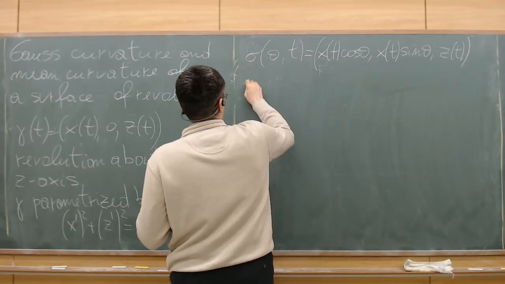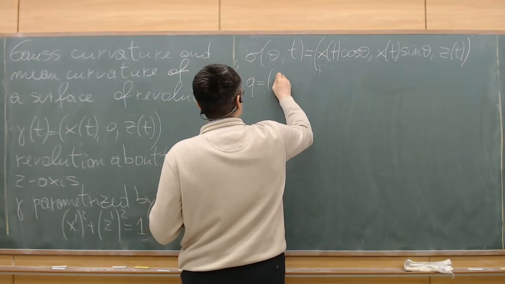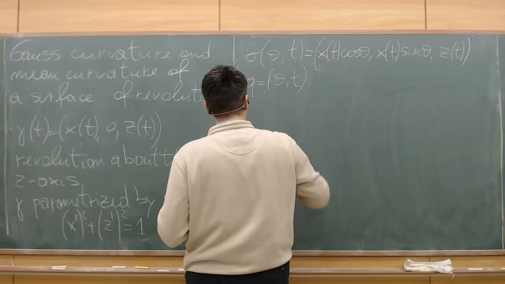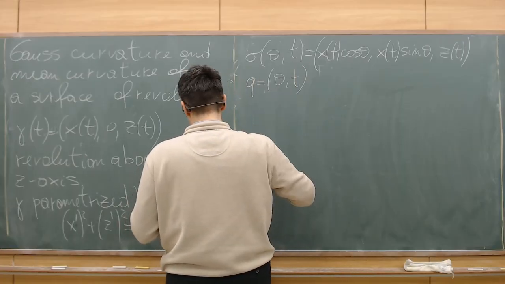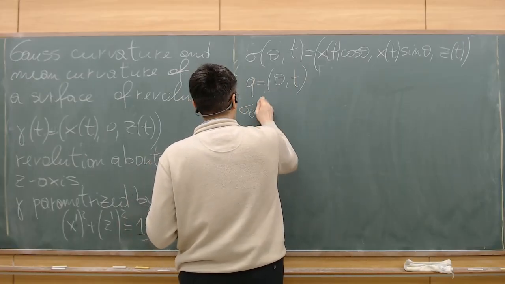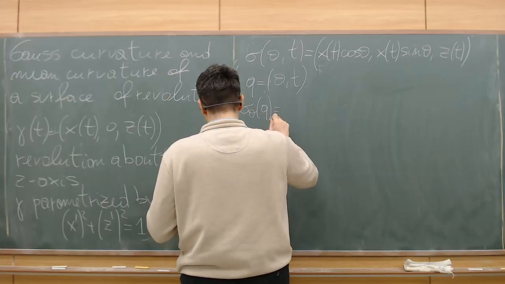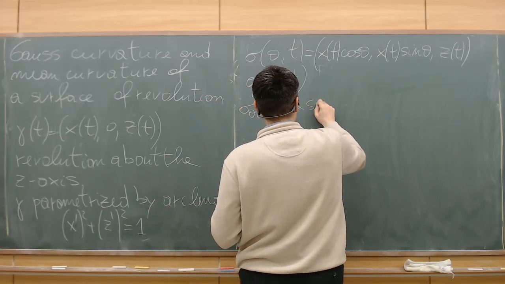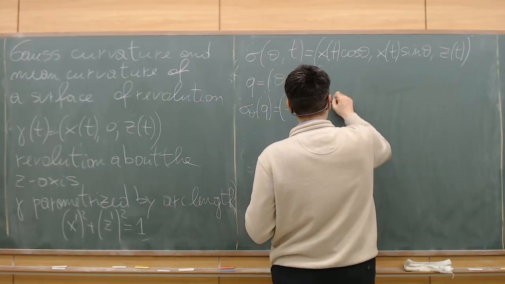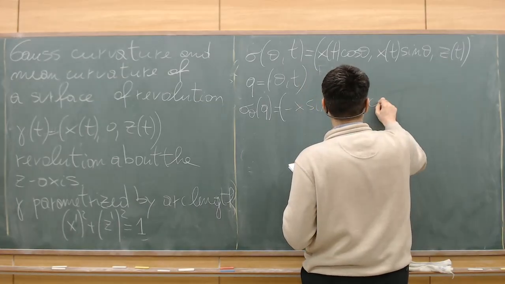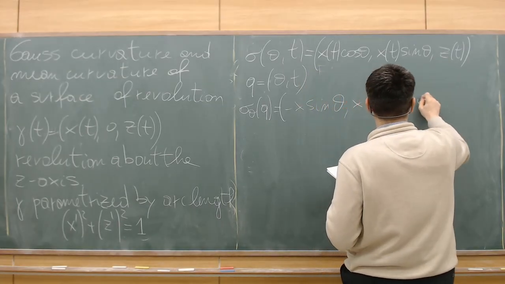And if q is an arbitrary point of coordinates theta, t, then sigma theta at q is minus x sine of theta, x cosine of theta, 0.